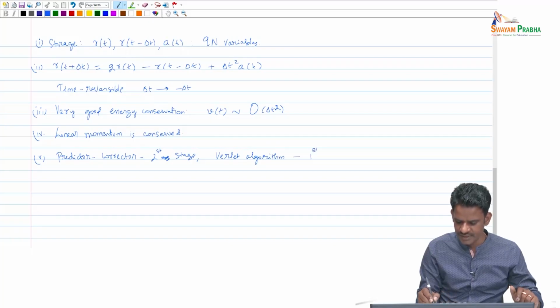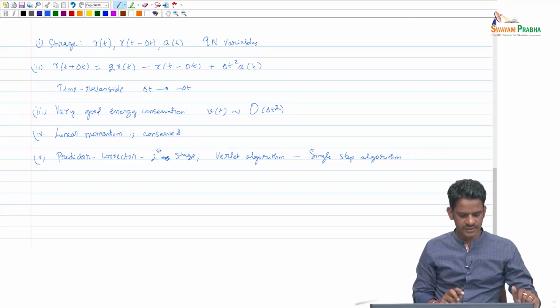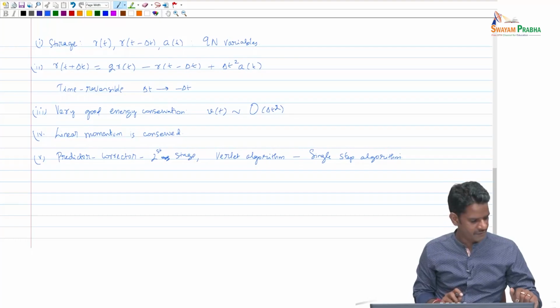It is a single step algorithm. So, these are some of the features of Verlet algorithm.